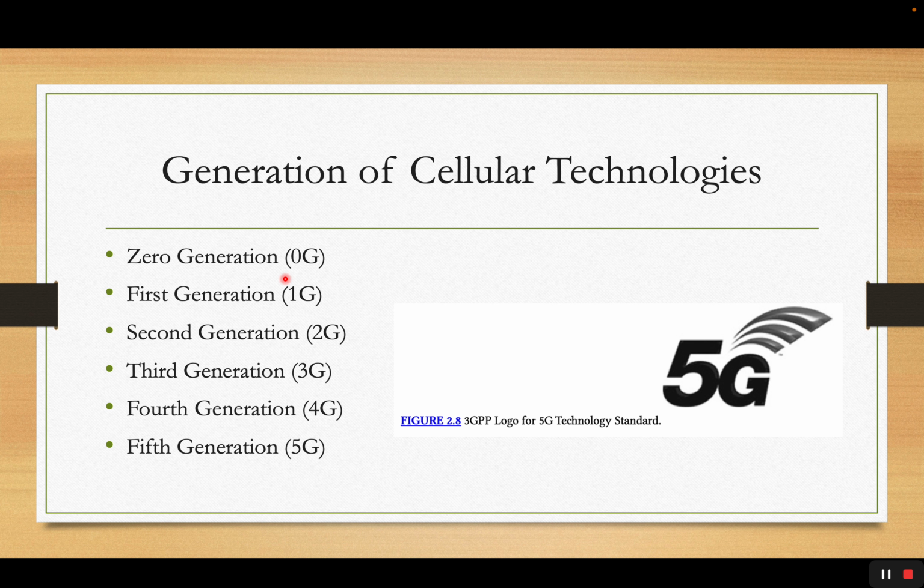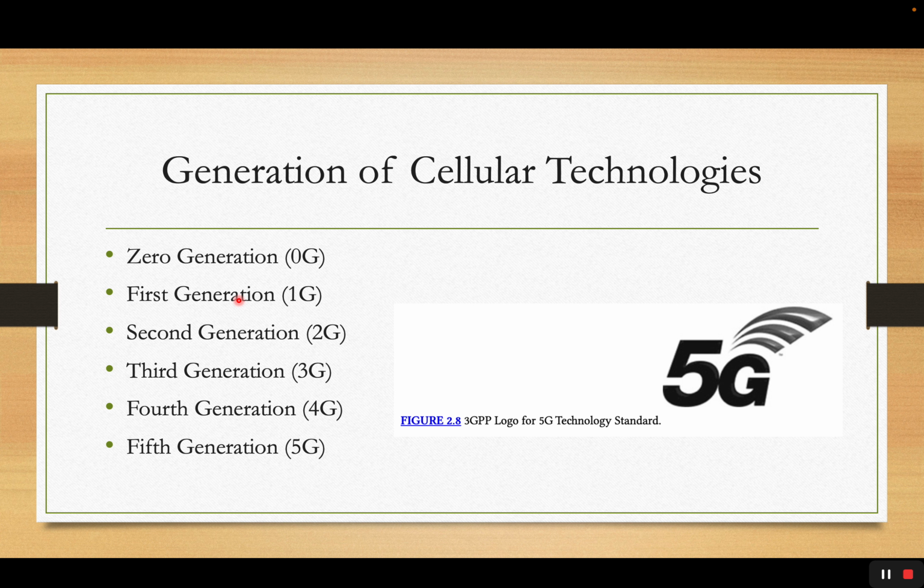Before that, mobile communication was through large machines installed in vehicles. That was the start of mobile technology, in which a wireless mobile set and wireless tower were used for wireless communication.